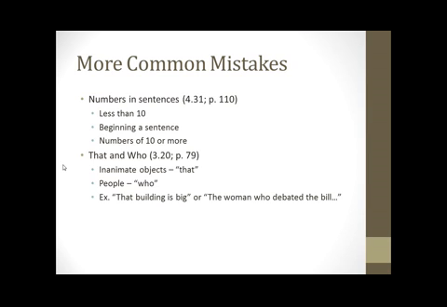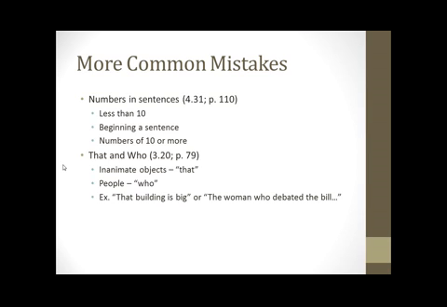Well, to keep talking about some other common mistakes, another area relates to numbers in sentences. This is another common area in terms of the differences between spelling out numbers and just writing numbers.